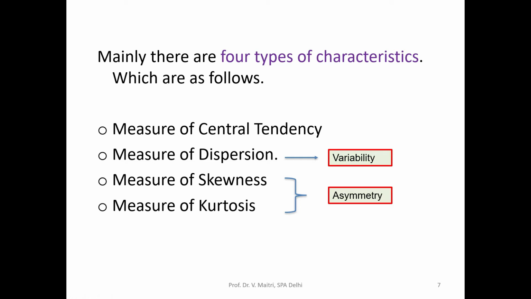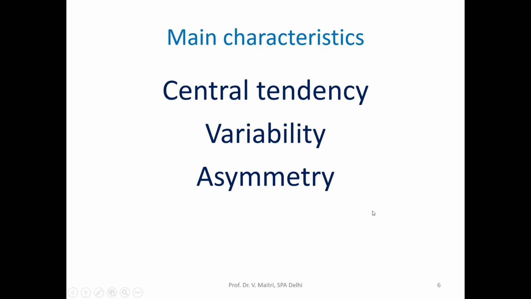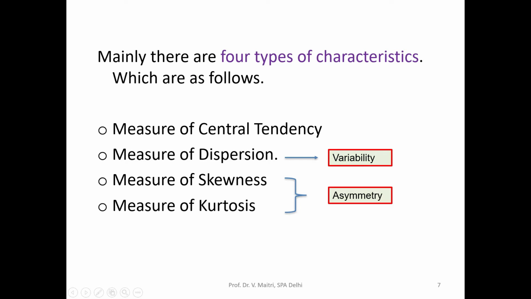Where is the center of the data? Then variability is measured by measures of dispersion, that is how the data is spread over, from lower limit to upper limit. Then asymmetry is measured by two factors: one is the measure of skewness and one is the measure of kurtosis.